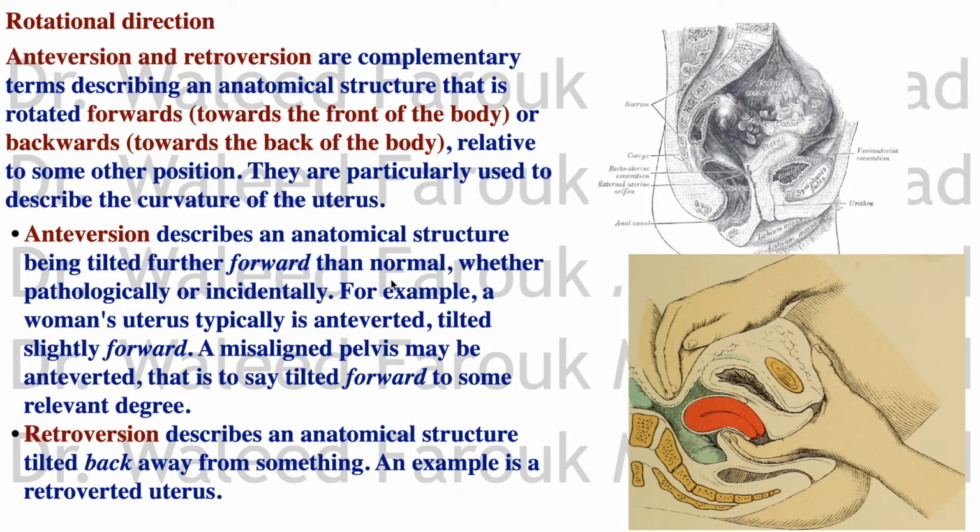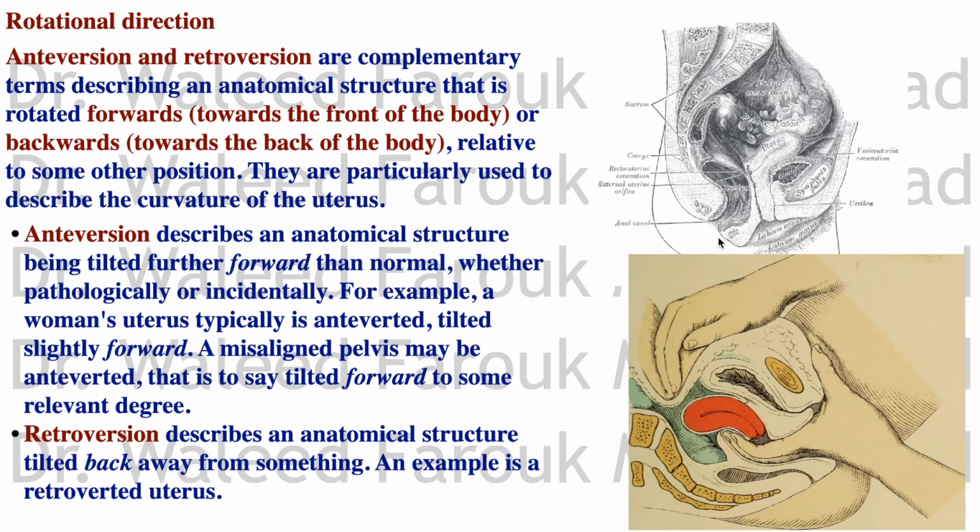Antiversion and retroversion. Ante here, with an E, means forward. Retro means backward. Antiversion means rotated forwards, and retroversion means rotated backwards, like the position of the uterus. The normal position of the uterus is antiverted, antiflexed, as we studied before in the pelvis.